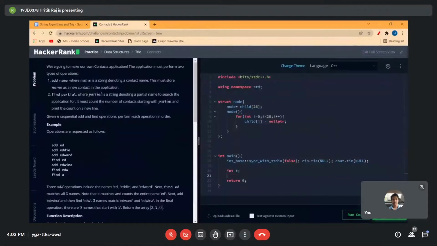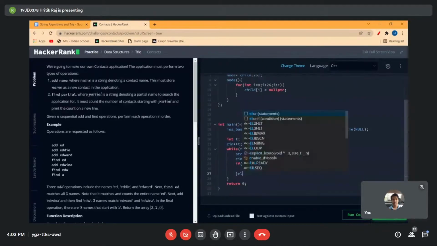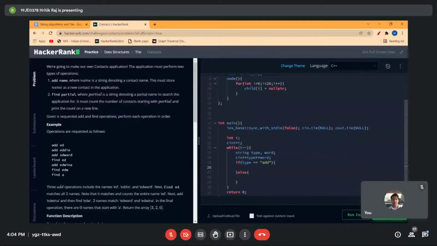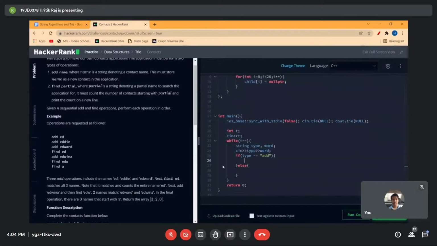Now we have t test cases. We have some query with the word. So we have two types of query, add and find.